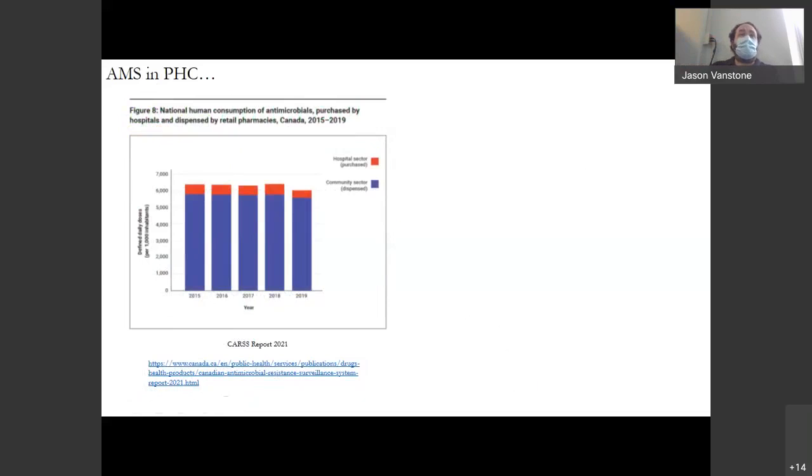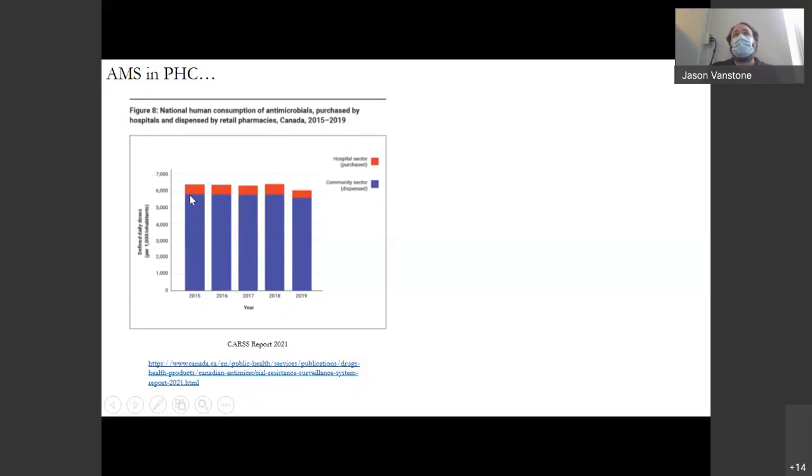So we know from data, and this is actually hot off the press, 3-year-old data from CARSS, the Canadian Antimicrobial Resistance Surveillance System. They have a report that they put out every year, so this just came out last week or 2 weeks ago, I think. But it's showing in red the usage of antimicrobials in the hospital sector, and in blue in the community sector.